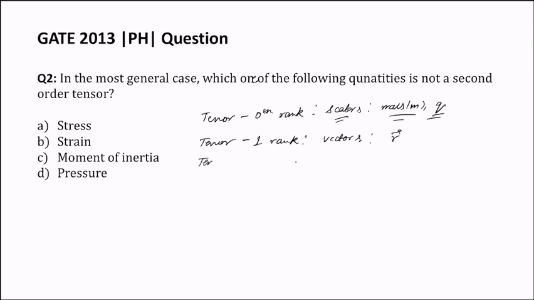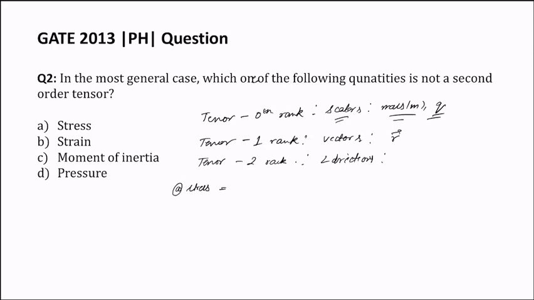Similarly, for a tensor with rank 2, which is what they have asked in the question, you require two directions to describe it. In the given question they have asked which one of the following is not a second rank tensor. So there are three tensors which are second rank and one which is not. First option, stress.